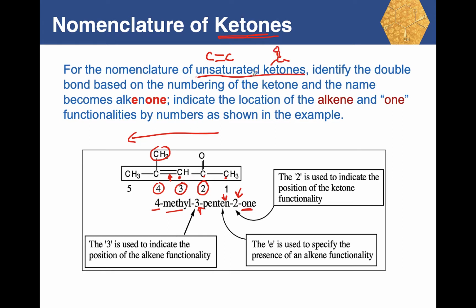The main aspect here is the -one is to indicate the position of the ketone, and the E here is to indicate the presence of a carbon-carbon double bond, but we'll have to indicate the location of the -one, and we'll have to indicate the location of the -ene, as shown here. Let's look at some examples.